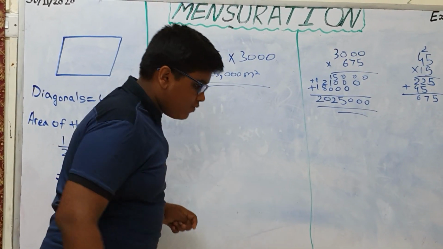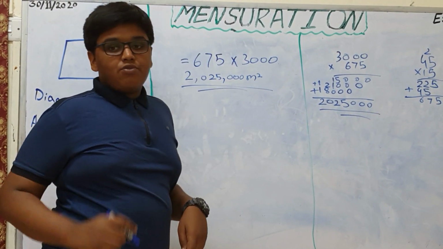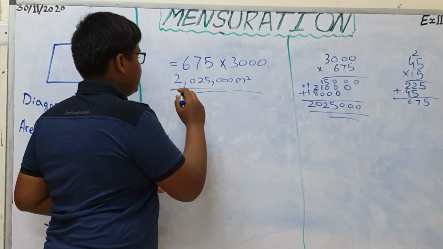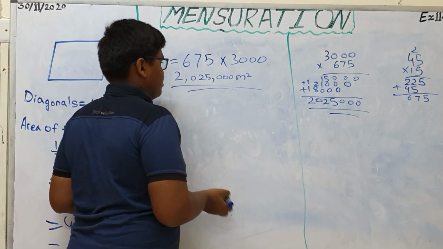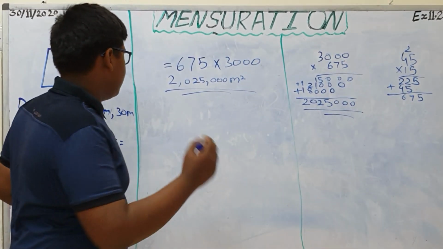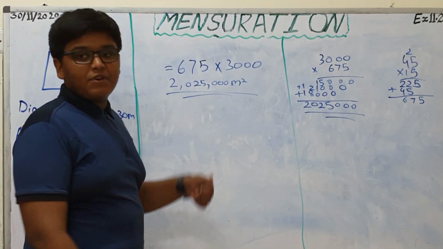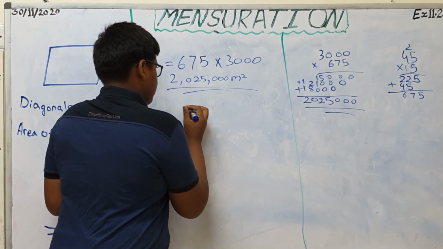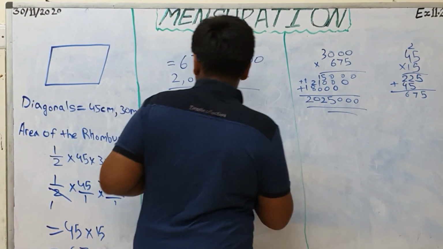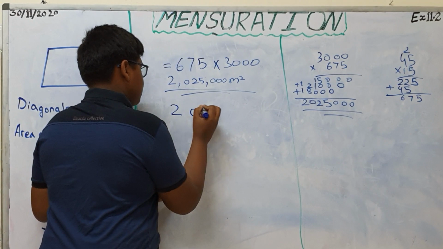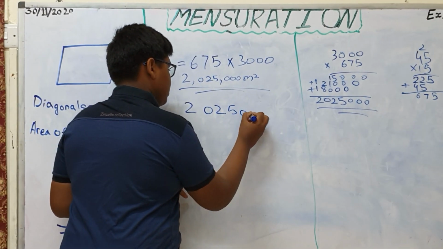Now what we are going to do is convert this into the decimals. So what we have to do is convert them into the decimals. 2,025,000.